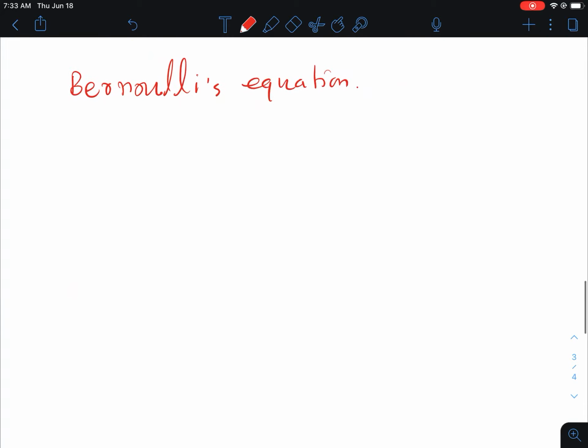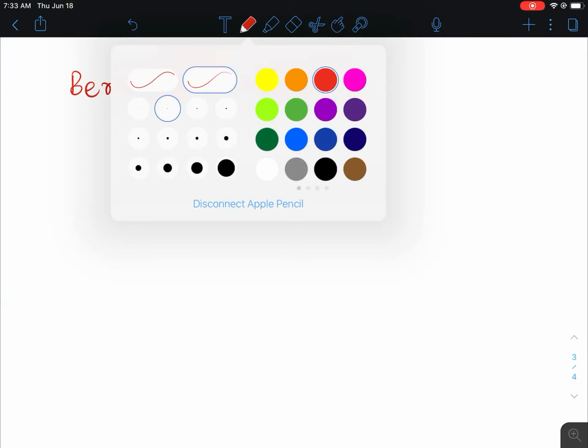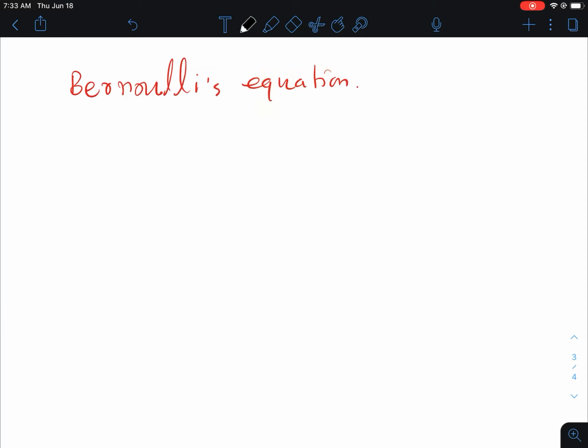So let's go over topic 7.11. That topic is named minimizing the compressor work.